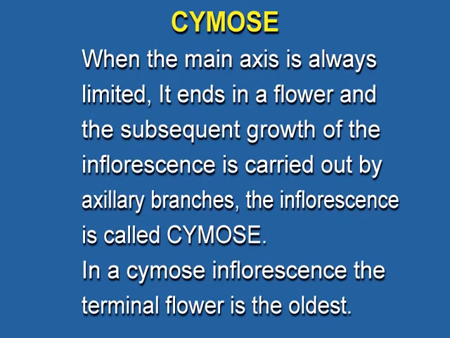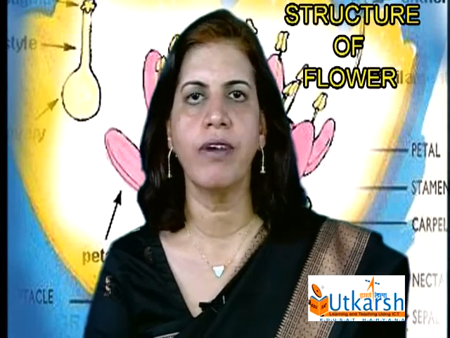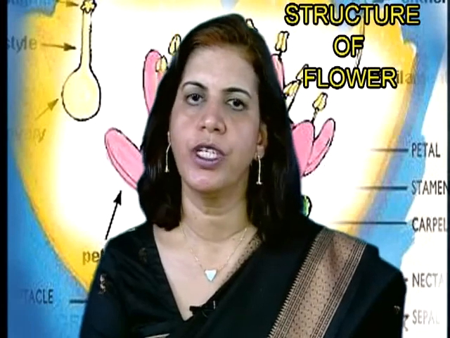When the main axis is limited, it ends in a flower and the subsequent growth of the inflorescence is carried out by axillary branches. Such an inflorescence is known as cymose. In cymose inflorescence, the terminal flower is the oldest flower. Now, we will divide racemose inflorescence into 7 types and cymose inflorescence into 3 types.